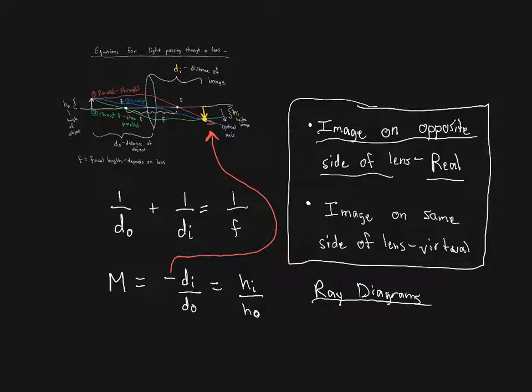There's some useful things in the OpenStax College Physics textbook resource, in particular on page 1014, that really help you with drawing more of these kinds of ray diagram images. And those are going to be section 25.6 through 25.8 that are going to be very useful in figuring out how to draw ray diagrams.